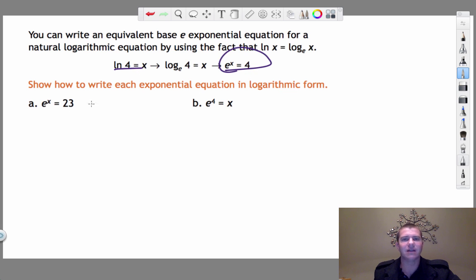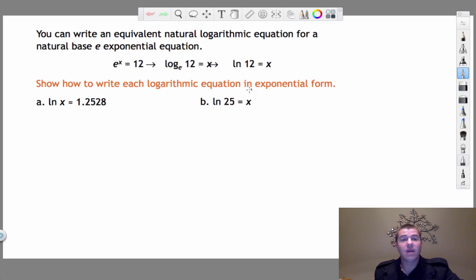So to write these in log form, I'm going the other way. Log base e, well, that means it's going to be ln of 23, come back, is equal to the exponent x. And the same thing here. Sometimes I'll write it capital because I just use capital letters. ln just means I've kept the base already, e of, go away, x, come back is equal to the exponent of 4.